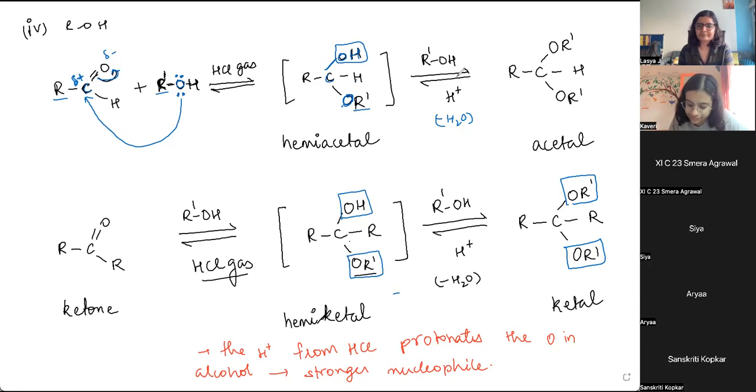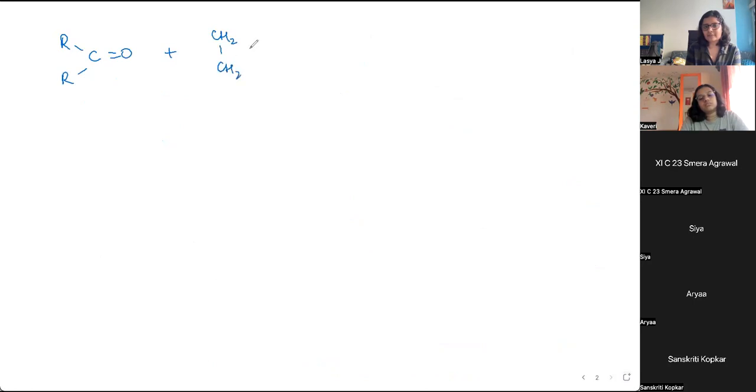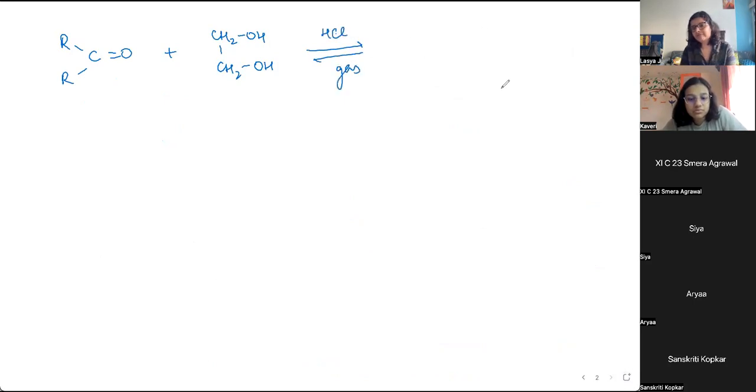Yeah, done. Okay. If I take a ketone, and treat it with a glycol, let's say ethylene glycol, for example, in the presence of HCl gas, what will be my final product?